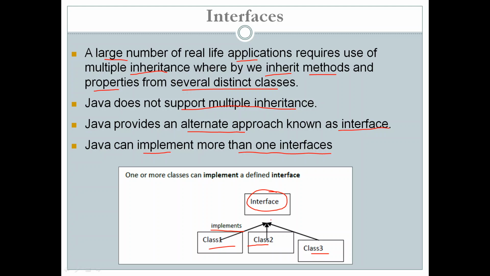Remember, if a class is inheriting from an interface, now you can see here every class is inheriting from the interface, then the keyword implements is used. If a class is inheriting from another class, then keyword extends is used.